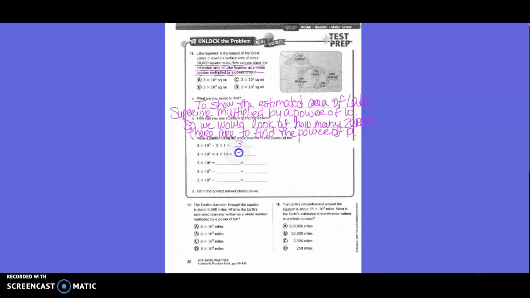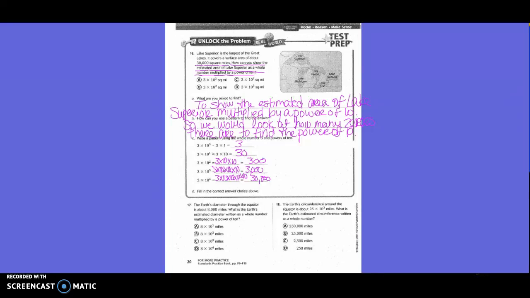So that would be 30. 3 times 10 to the second power would be 3 times 10 times 10, which equals 300. 3 times 10 to the third power would be 3 times 10 times 10 times 10, which equals 3,000, and then 3 times 10 to the fourth power would be 3 times 10 times 10 times 10 times 10, which equals 30,000.